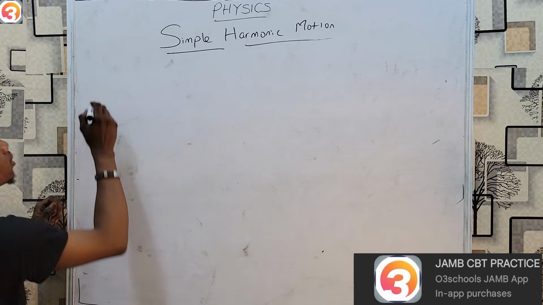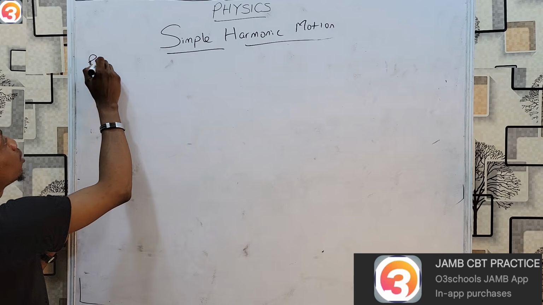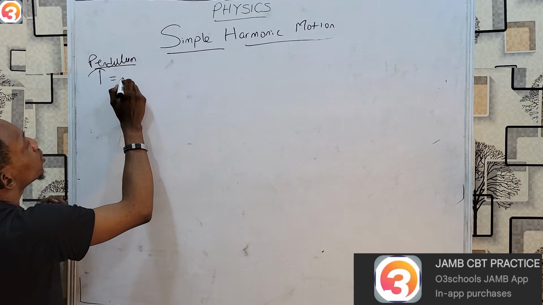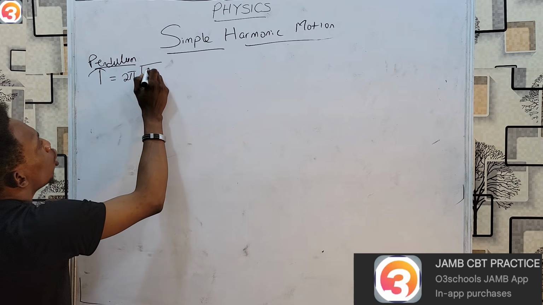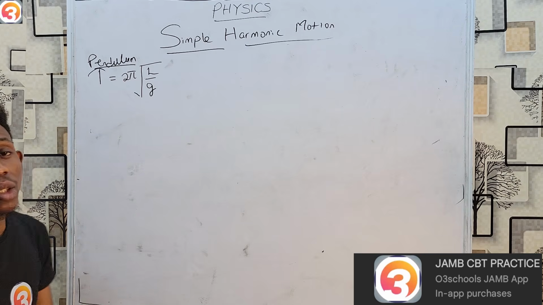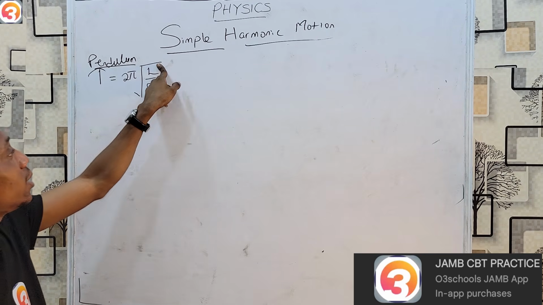What you should know is that the period in harmonic motion for a pendulum, let's note it, for a pendulum, period equals 2 pi square root of L over g. Please take notes. This is your simple formula affecting the period and the length.